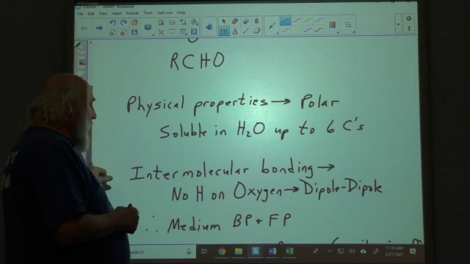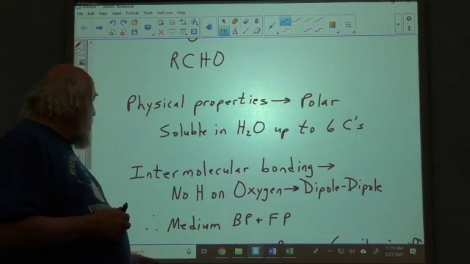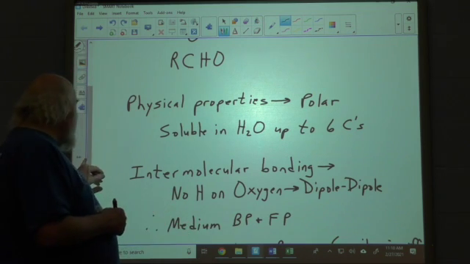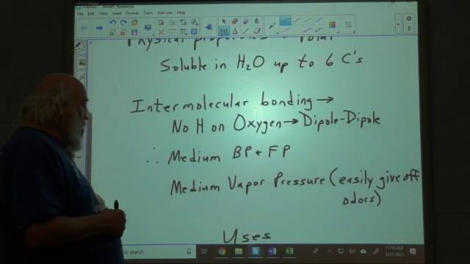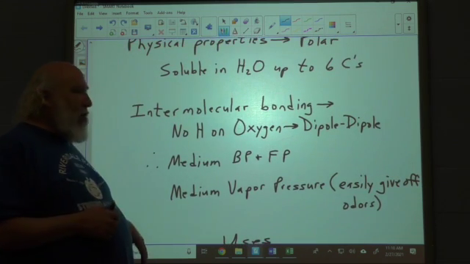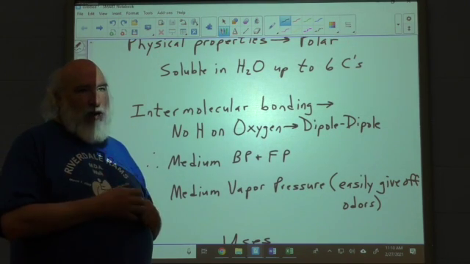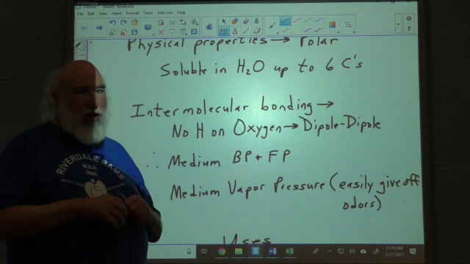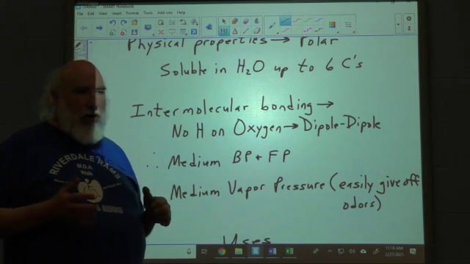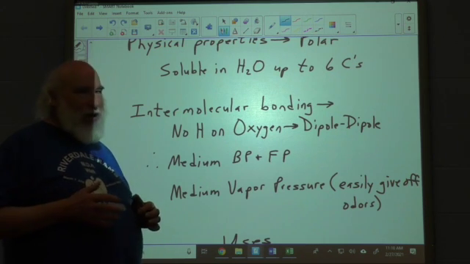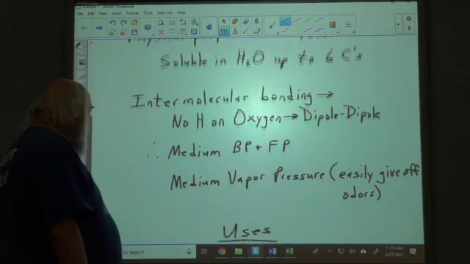So, in that case, since the intermolecular bonding is dipole-dipole, we're going to expect medium boiling points and freezing points. We're going to expect medium vapor pressures, and that means if there's medium vapor pressure, when you open up a bottle of this stuff, you know right away that you have an aldehyde or something very, very wrong. It's not always the most pleasant smelling stuff, as we're about to talk about here.